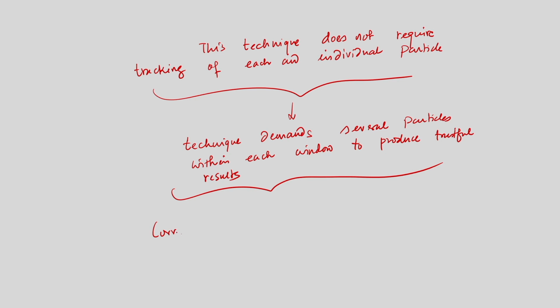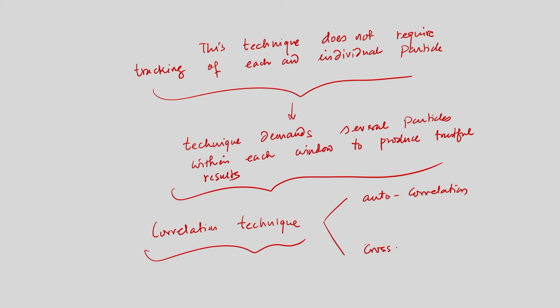Now, two different correlation techniques are used. One is known as autocorrelation, and the second one is the cross correlation. In most of the PIV analysis, the cross correlation algorithm is used.